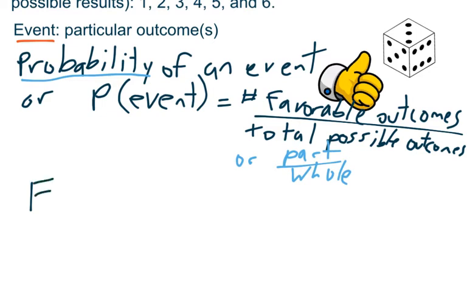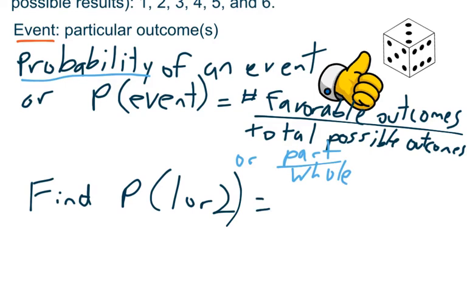So, find the probability, that's what capital P means, of getting a 1 or a 2. Well, I know probability is the number of favorable, so how many 1s and 2s are on this die? Well, I can't see them here, but I know that there's a 1 and a 2, so that's a total of 2 numbers.